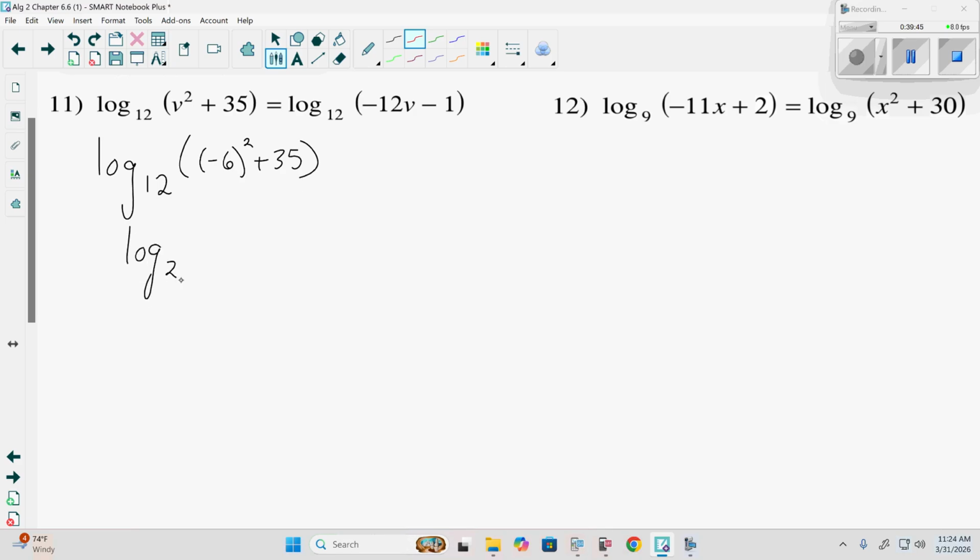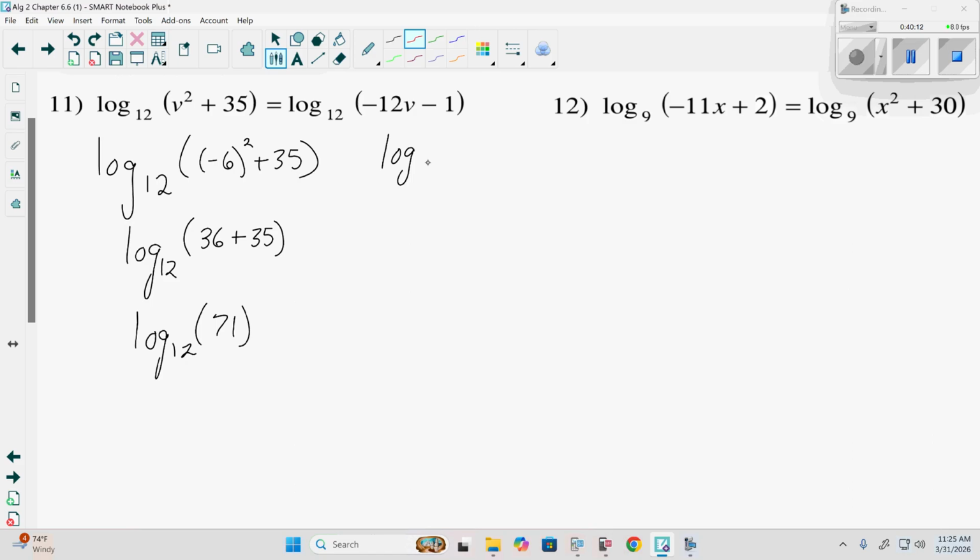Well, negative 6 squared, negative 6 times negative 6 is positive 36. And 36 plus 35 is going to be 71. What's inside the logarithm? Even though x was negative, what we have left is a positive number. We're taking log base 12 of 71.